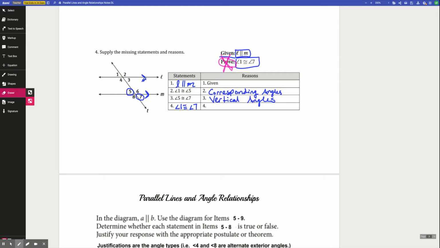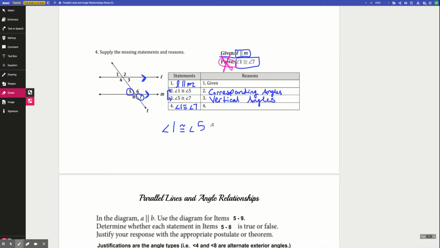So remember, like I said, we know angle 1 and angle 7 are alternate exterior angles, but we're trying to show that that rule is true. So we have to think, how could I take my two statements, step 2 and step 3, and combine them to show that angle 1 is congruent to angle 7? Well, if you notice, they have something in common. Angle 5 shows up in both of those statements.